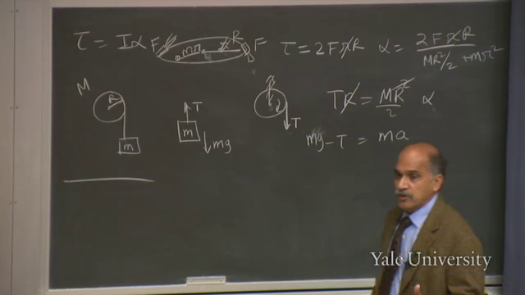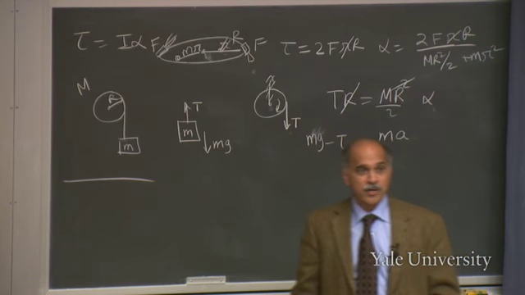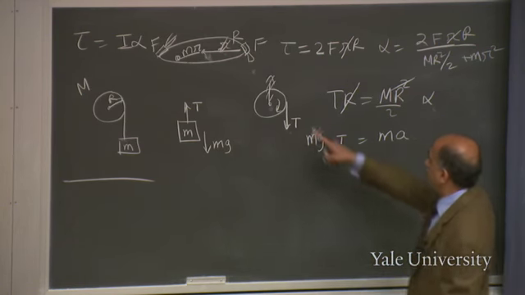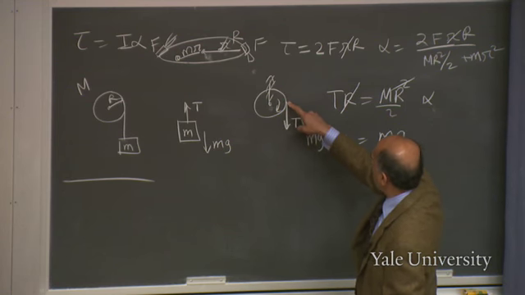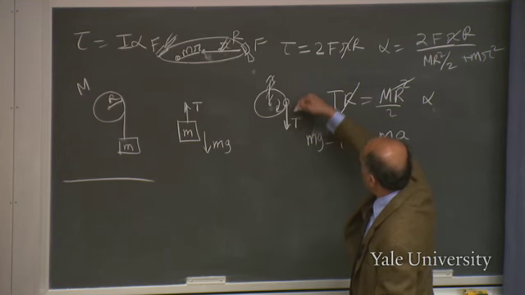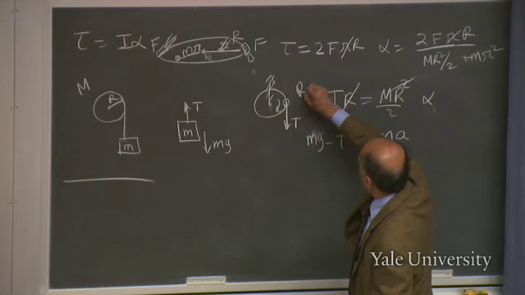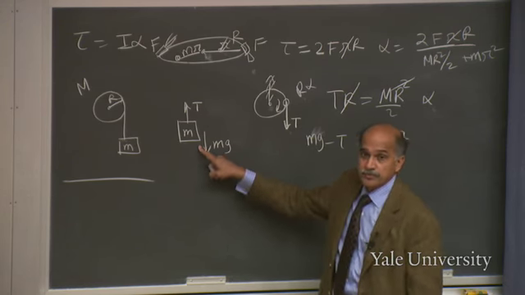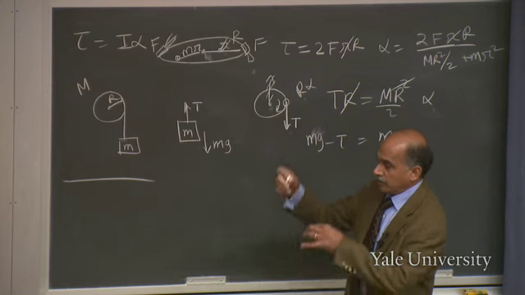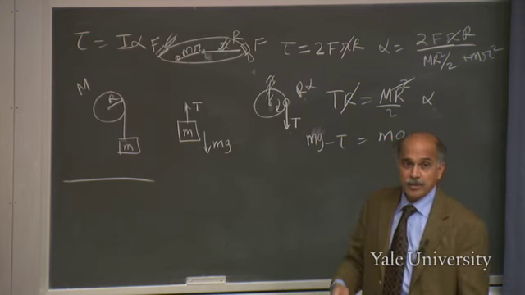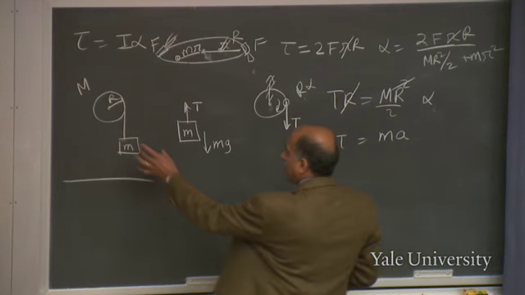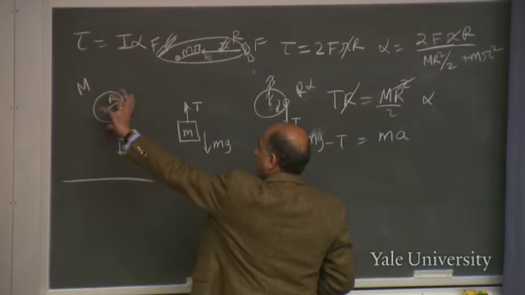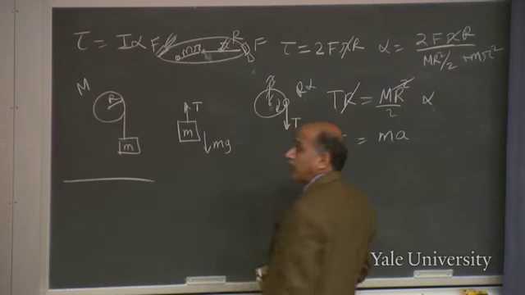But here is where you do the trick you did even with the two masses. They are not independent accelerations, because if this point has an angular acceleration alpha, you can see that point has a tangential acceleration of r times alpha. That has to be the acceleration of this mass also, because the rope is being given out at a certain rate, and that's the same. So the mass can go one inch only if the pulley turns by a corresponding amount to release one more inch.